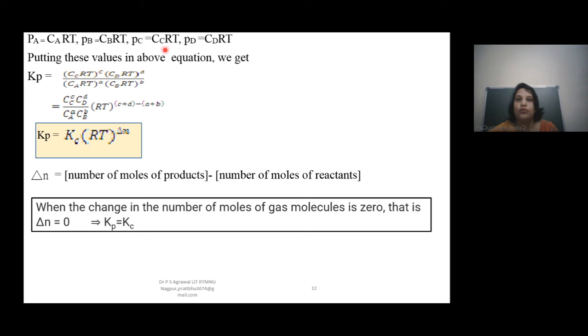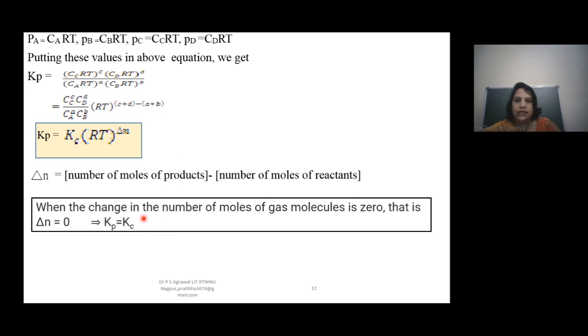So we can put all these terms, CART, CBRT, CCRT, CDRT, in this expression. Again, we separate the concentration term, and we see the power of RT is C plus D minus A plus B. What is this C plus D? Number of moles of product minus number of moles of reactant, that is delta N. And this is Kc. So we get Kp is equal to Kc RT to the power delta N.